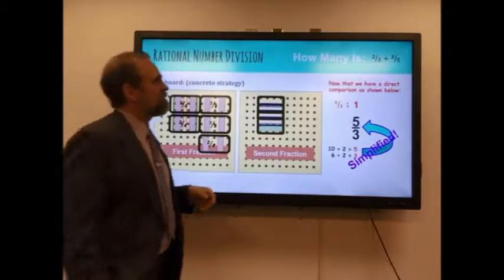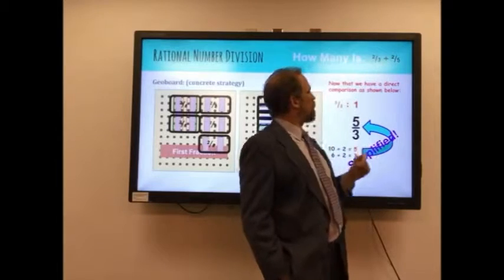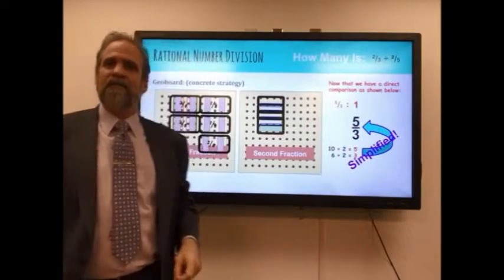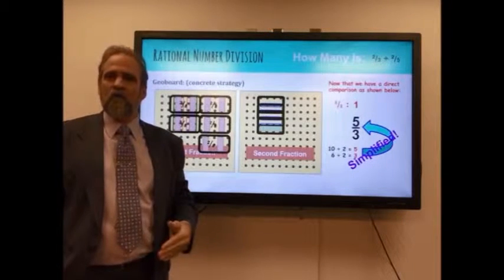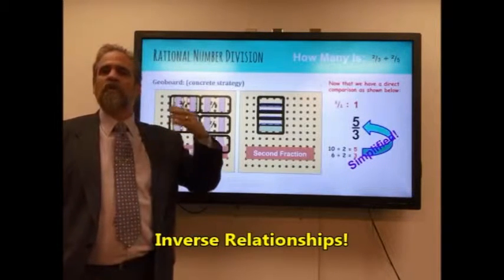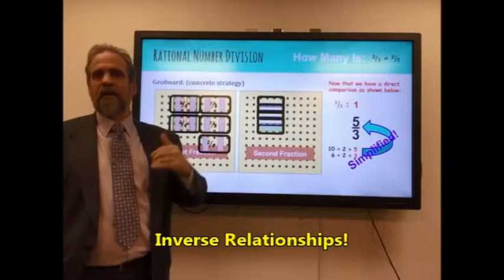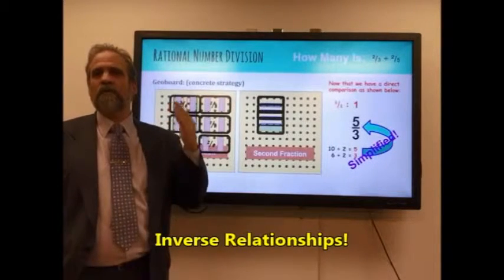Notice that I divided by a number smaller than 1 and my value grew, right? If I divide by a number smaller than 1, my quotient will grow. There's an inverse relationship. If I divide by a number bigger than 1, my quotient will be smaller, right?